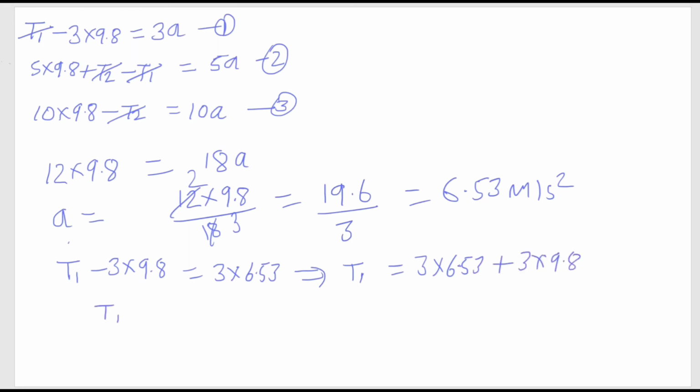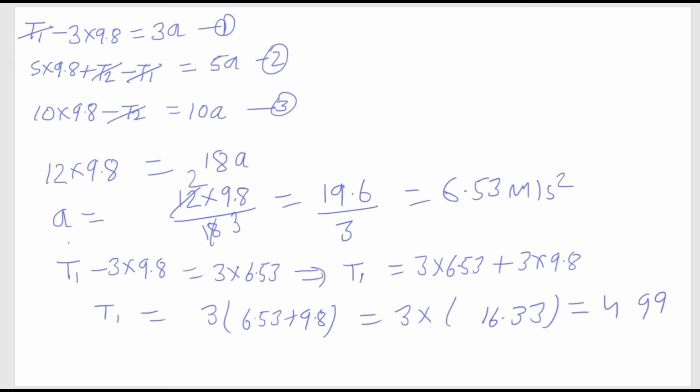So T1 equals 3 is common, 6.53 plus 9.8, that is 3 into 16.33, that is equal to 48.99. So the tension in the first string equals 48.99 Newton. So this is the tension in the first string.